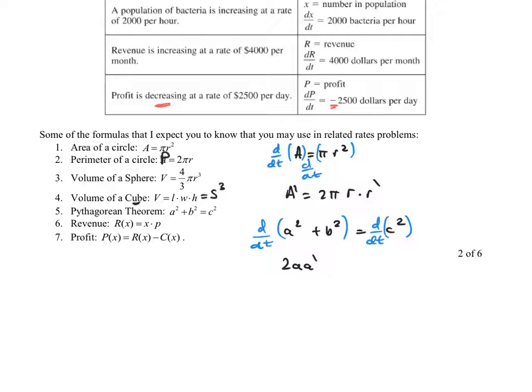The derivative of b squared would be 2b, but then you need the b prime. And then on the right, the derivative of c squared would be 2c times c prime. So there's a bunch of information there that has to be given, but you would plug in the given information, and then you would solve for what's remaining. So I hope that gives you an idea of what you're going to be doing in this section. We'll see some examples on the next page.